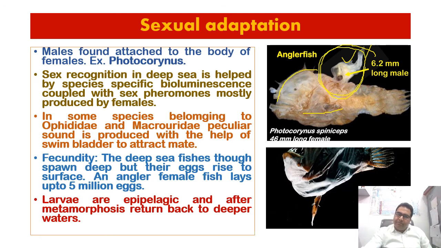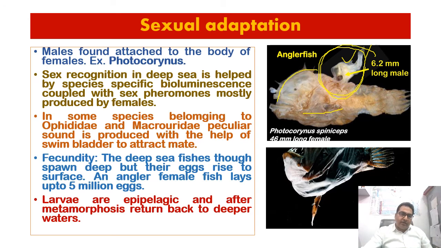The male angler fish parasitizes the female and remains attached to the female, so that at the time of reproduction there is no need for the male to find the female, and no need for the female to find the male, and at once when the female lays eggs there is a male ready to just sprinkle its milt over the eggs. So sex recognition in the deep sea is also helped by the species.